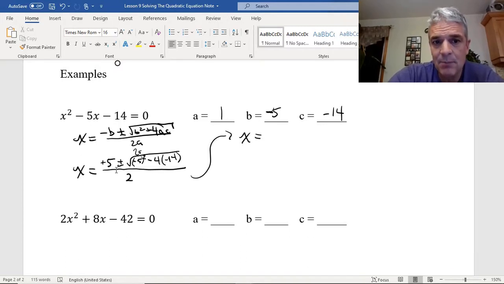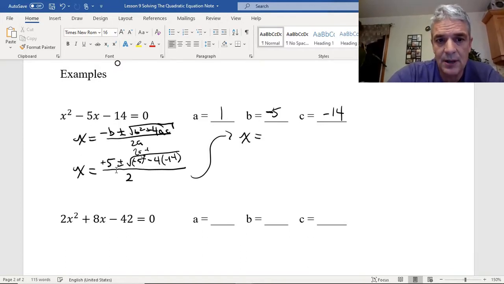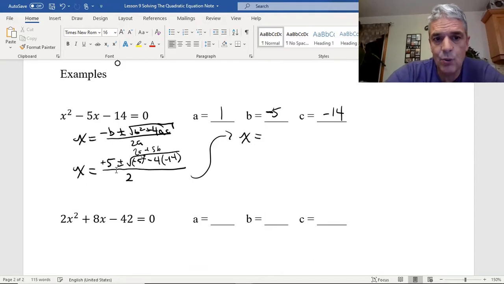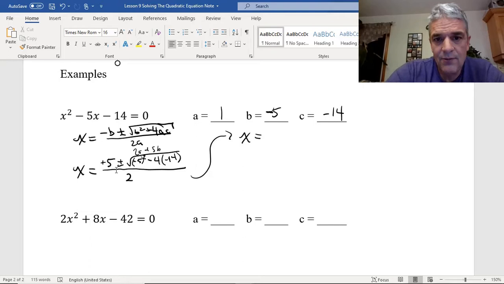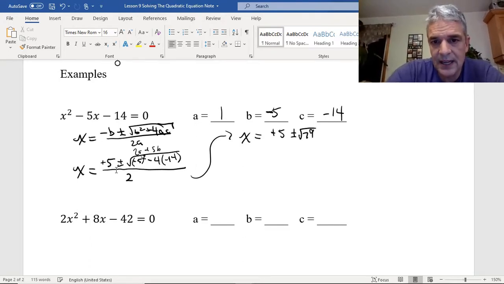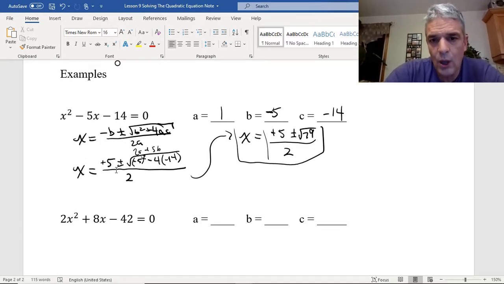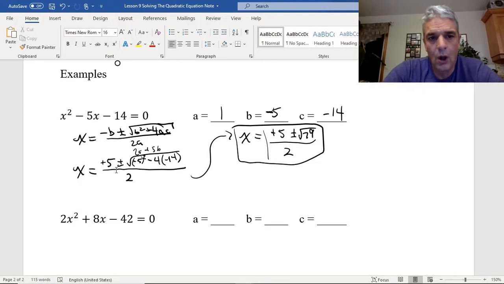The minus times a minus is going to make this a plus, so it's going to be 56 plus 25, and that's going to give you 79. So I'm going to write +5 plus or minus the square root of 79 all over 2, and that's as far as I can go, and I have my answer all done.